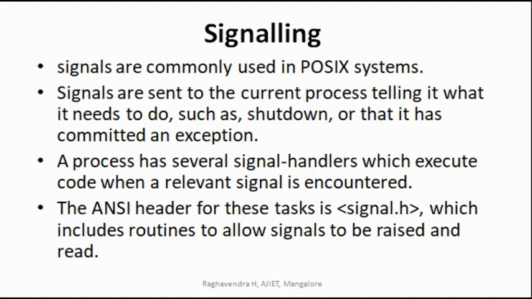Then halt, which stops the process for the moment. And continue, used after a halt. Next, terminate, clean up and quit. And kill, quit now without cleaning up. These are some of the signals in the POSIX system.